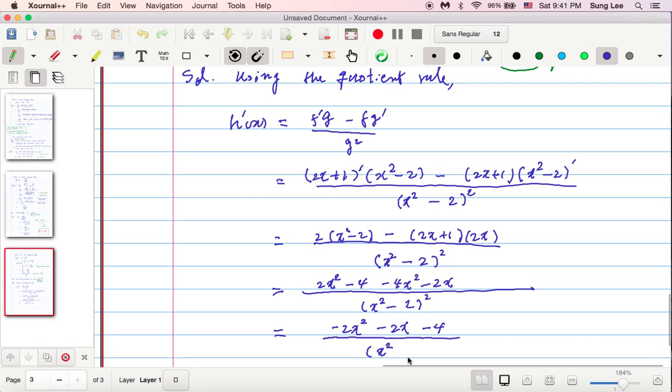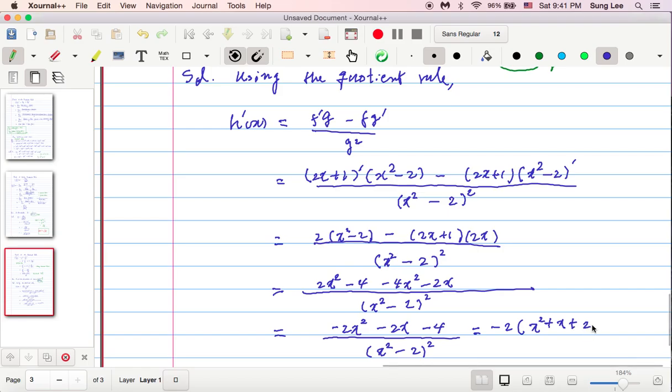x squared minus 2 squared. Okay, or you can write this as, it's not really making a big difference, but since a negative 2 is in common, by factoring out negative 2, you can write this as x squared plus x plus 2, right?